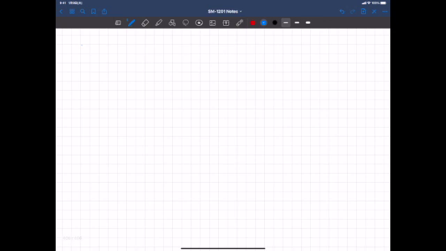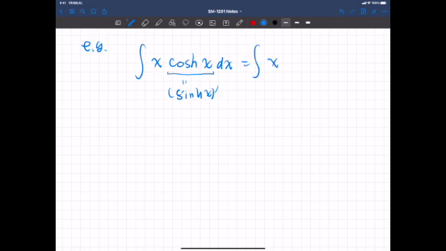Let's see a couple of examples of application of integration by parts. Here's the first example: x times hyperbolic cosine x dx. How do we find this integral? To integrate this, notice that cosh is actually equal to the derivative of sinh, hyperbolic sine. So we regard this as x times (sinh x) prime.